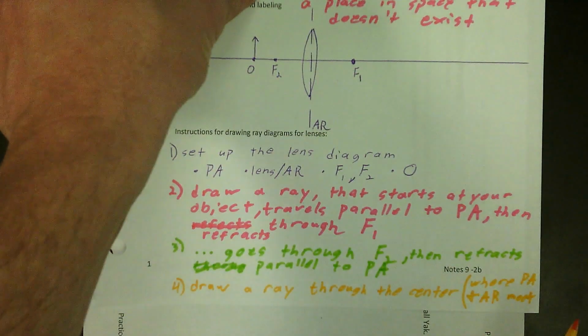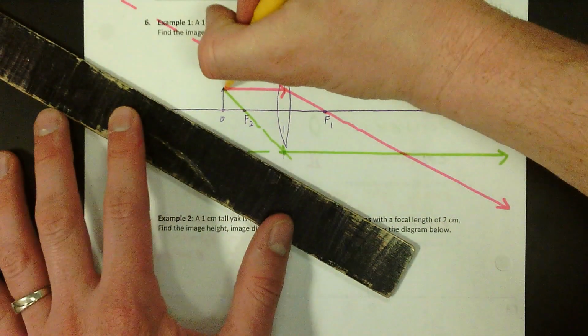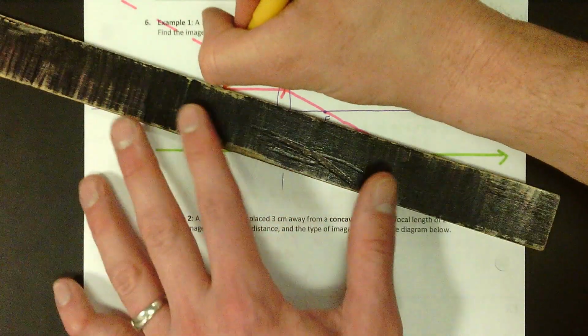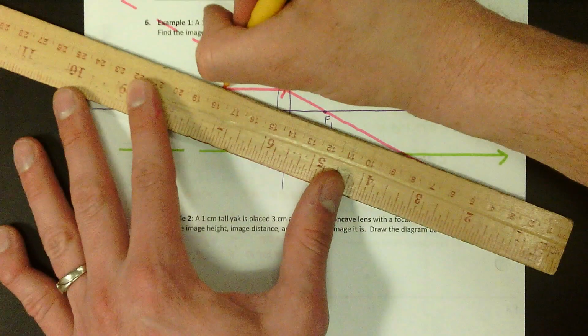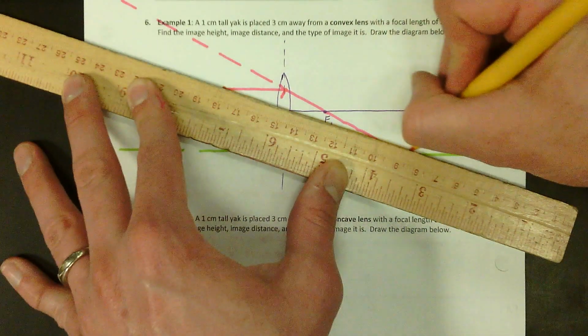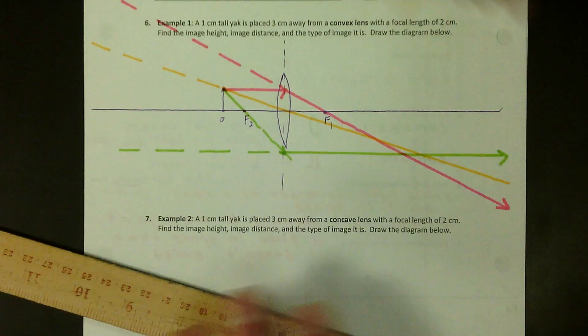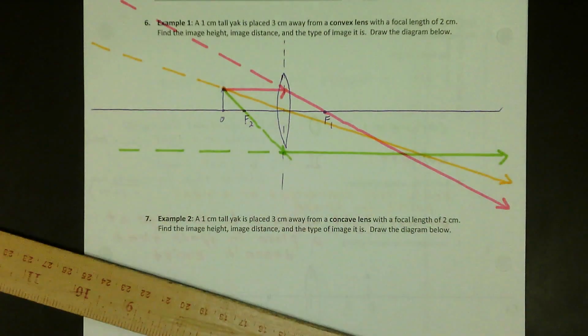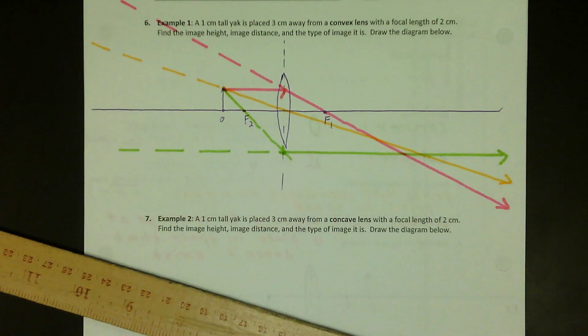So you draw right through the center. Okay. Through the center. Backtrack it. There you go.